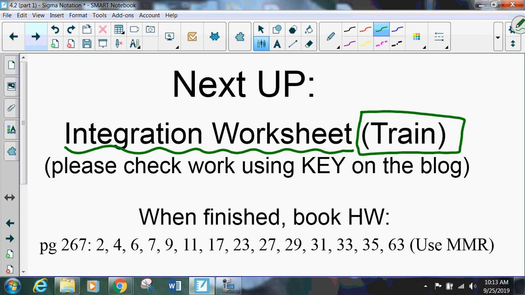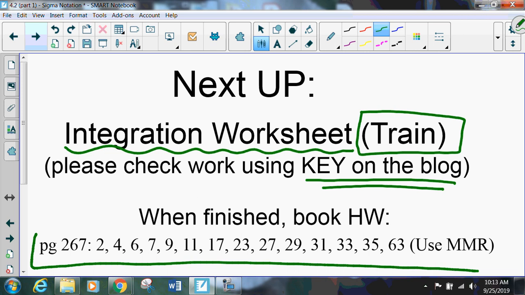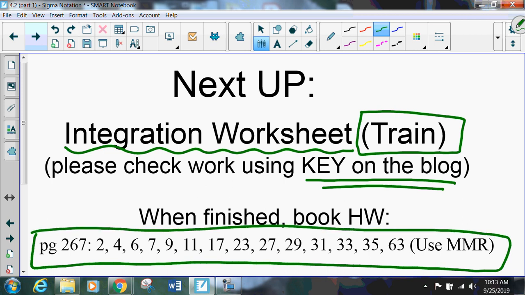And as you're working on that train worksheet, I want you to be checking your work using the key on the blog as you go. So it's kind of an exploratory worksheet, setting up a concept. And then when you're done with that, I want you to do the book work. The book work covers both parts of the lesson. And then our second part of the lesson next class, we are going to combine the two and do a few more problems in this section.